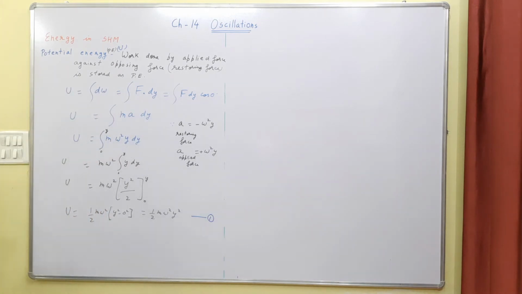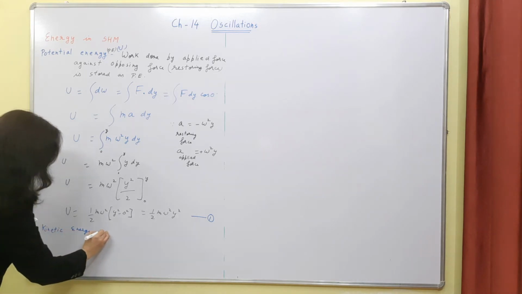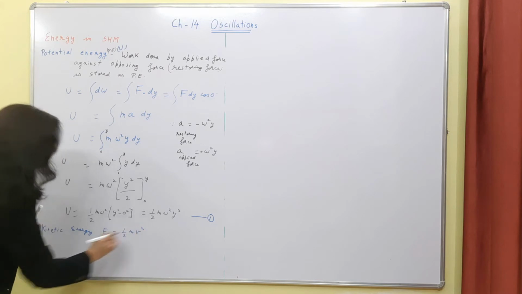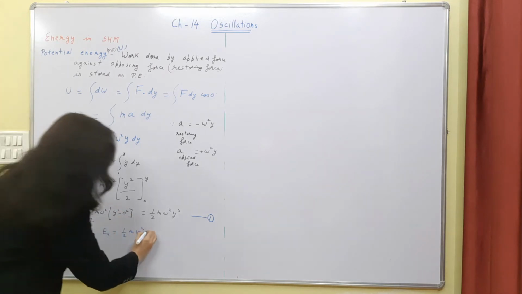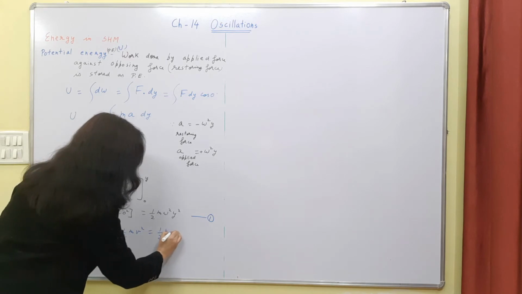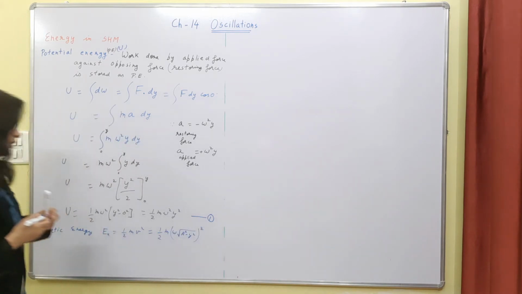When I am talking about the kinetic energy, we know that the kinetic energy formula is half m v square. So this will be written like this: half m times omega under root of a square minus y square, the velocity in SHM, squared.